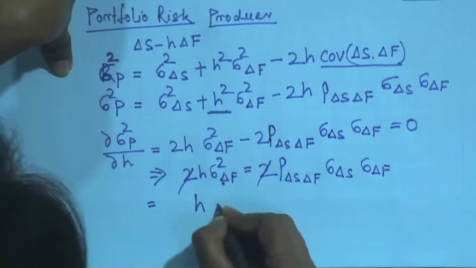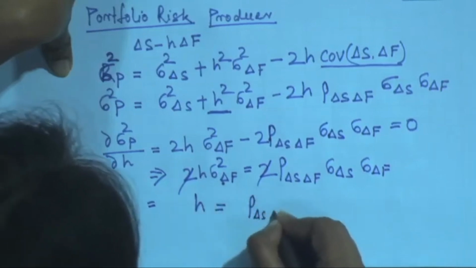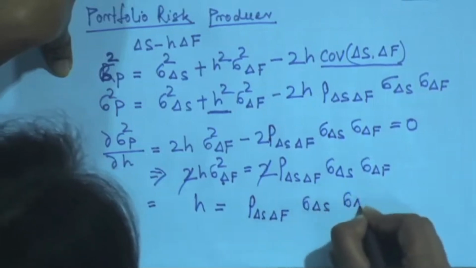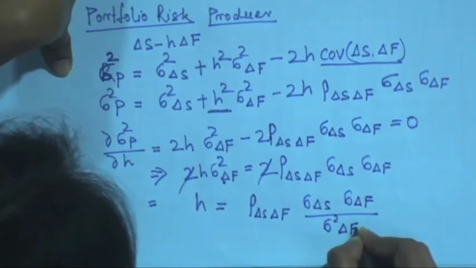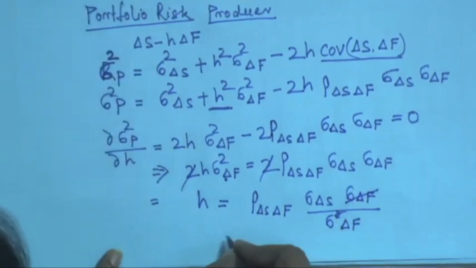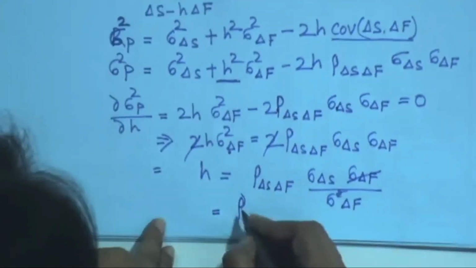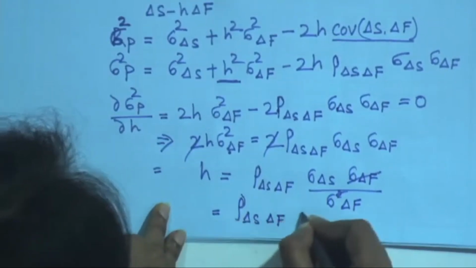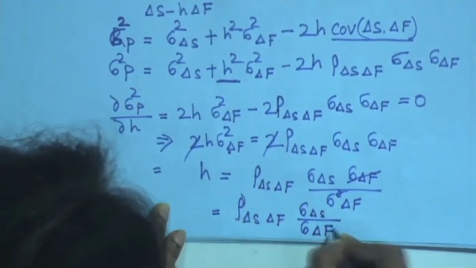So H is going to be correlation between delta S delta F into sigma delta S sigma delta F by sigma square delta F. So sigma delta F and sigma square delta F cancel out. So H is nothing but correlation between delta S delta F and sigma of delta S by sigma delta F.